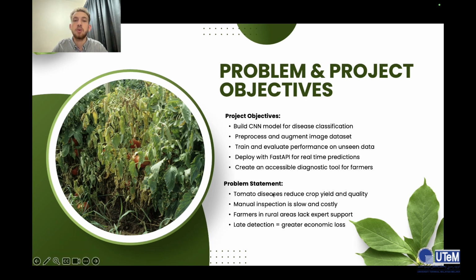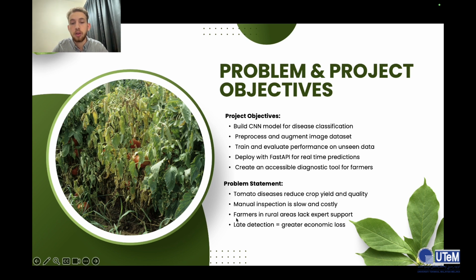Problem statement: as you know, tomato disease is a very important issue in agriculture that reduces crop yield and quality. The second problem is that manual inspection is slow and costly. Slow, it will take a lot of time, and costly, it's so expensive.